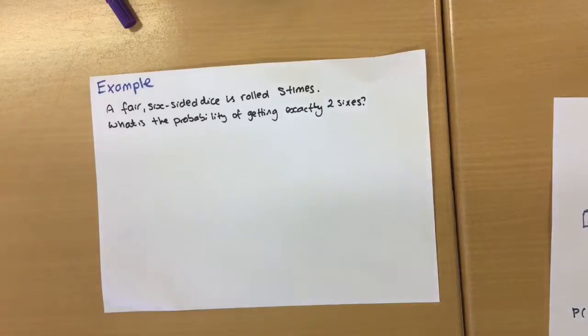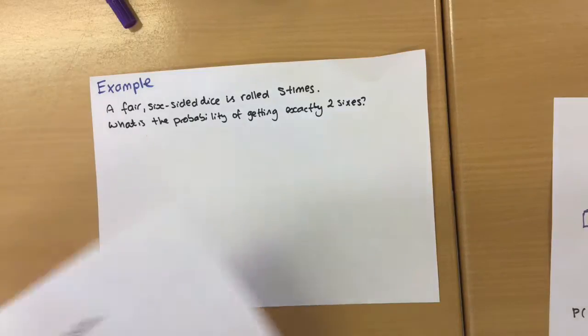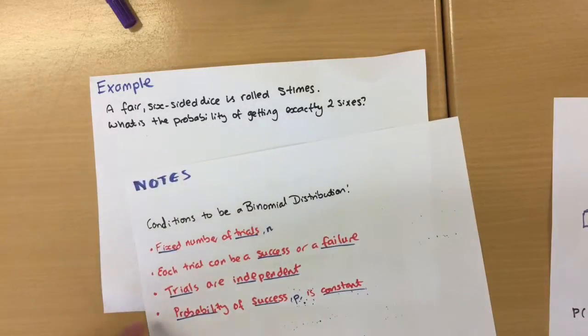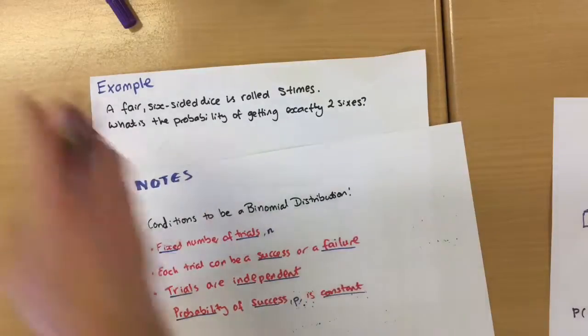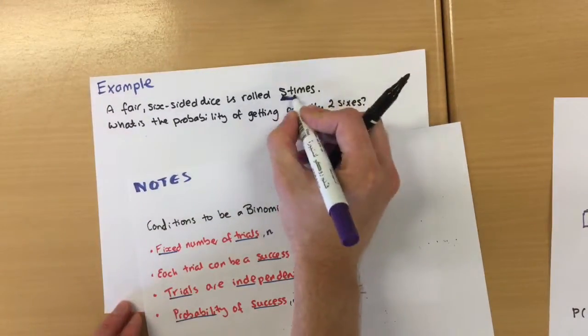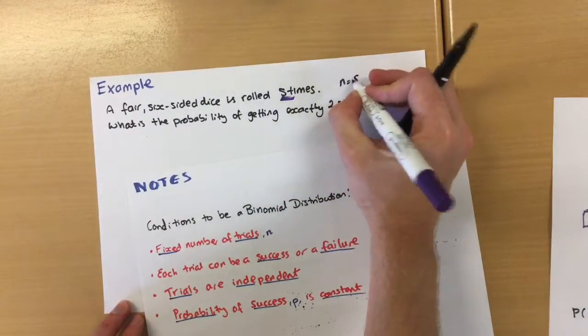We just have time for one example. So the question is, a fair 6-sided dice is rolled 5 times. What is the probability of getting exactly 2 sixes? Let's double check it's binomial. So, are there a fixed number of trials? Yes, there are 5 of them. So n is 5.